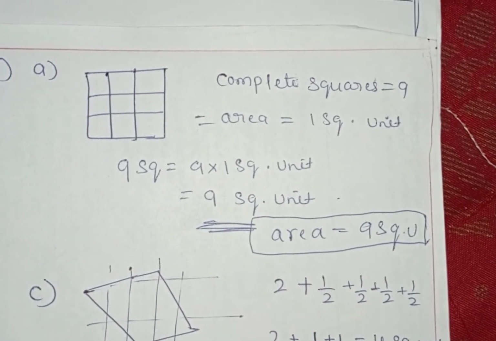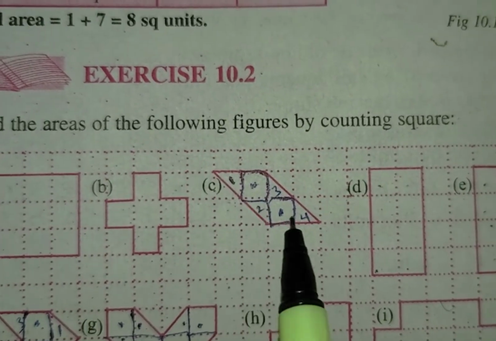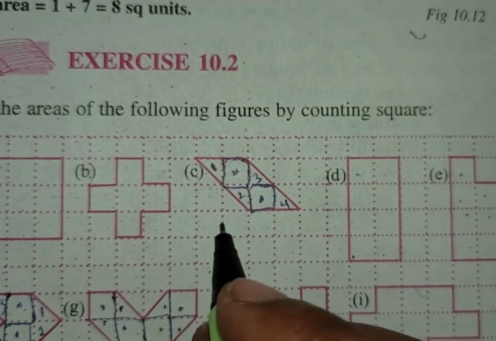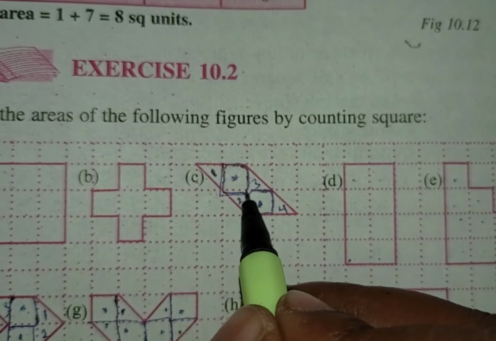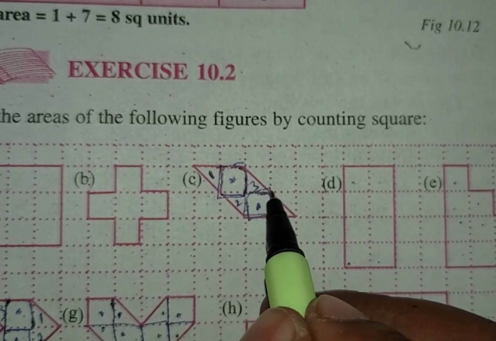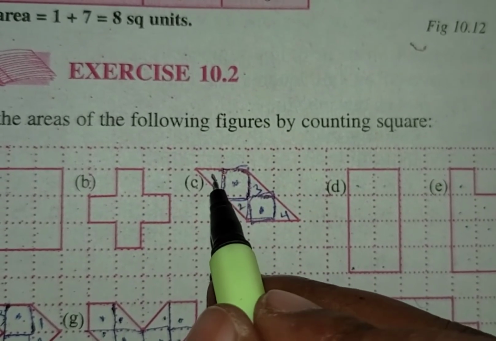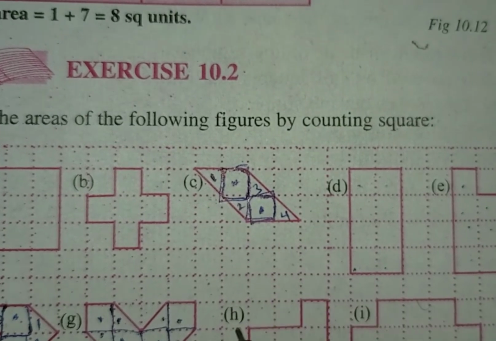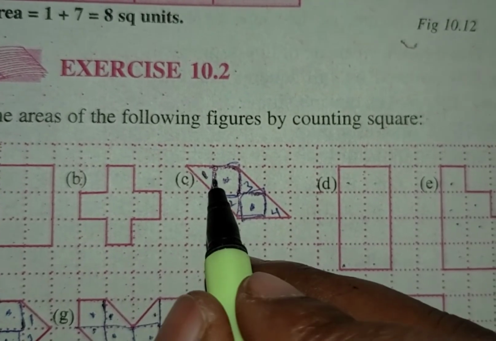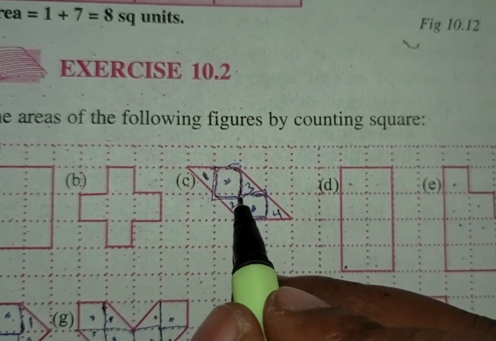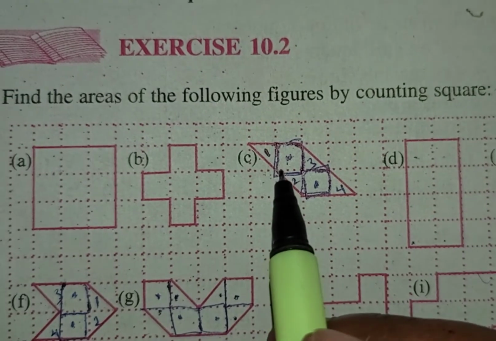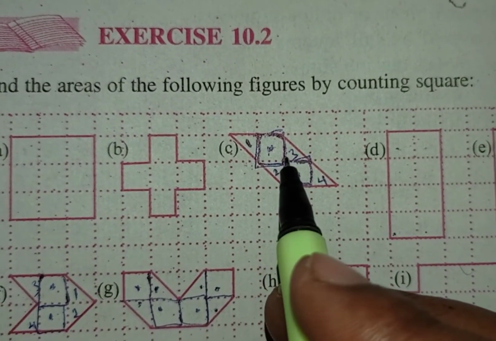Now let's move to the C question. Children, here we have a different shape. How many full squares does this figure contain? Let me consider. This one is full, this one is full, right, children? This is half. Half is remaining on this side, half is remaining on this side. This is also half, this is also half, this is also half. That's why I'm not considering these at first. First I'll consider only full squares. So how many full squares are there here? 1, 2, right? Now let's consider halves.